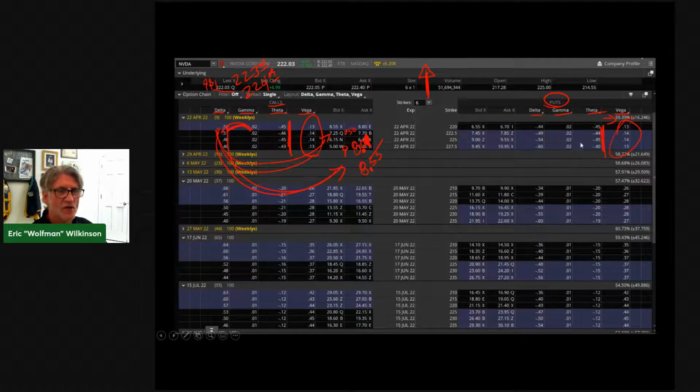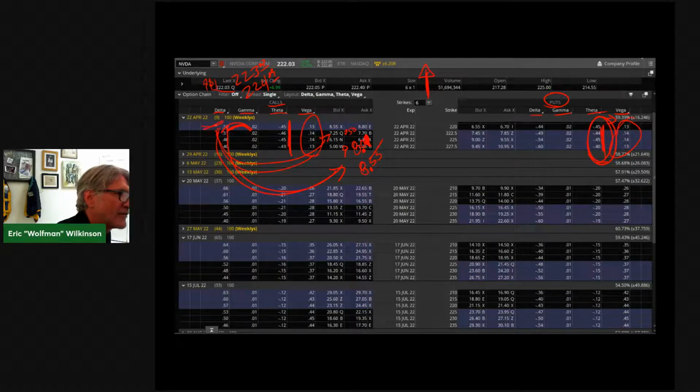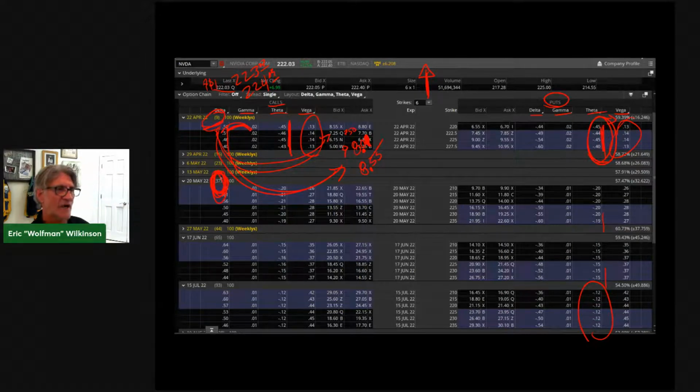And if we look at theta, look at how aggressive it is inside of basically 10 days to expiration. Further out in time, it doesn't really increase until we get inside of, what did I say, the sweet spot of that 35 days to expiration. You can see that theta really starts ramping up as we get closer and closer to expiration.